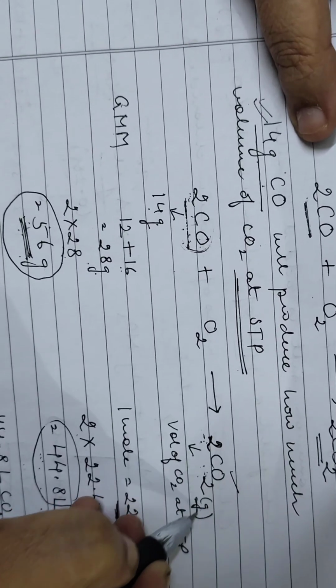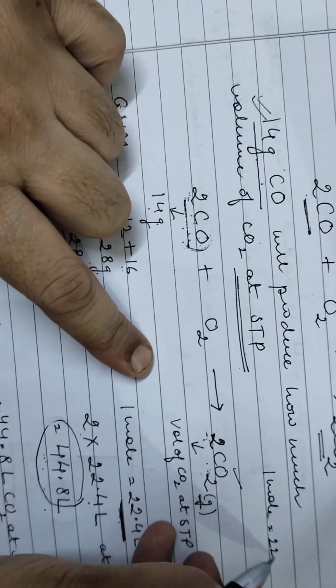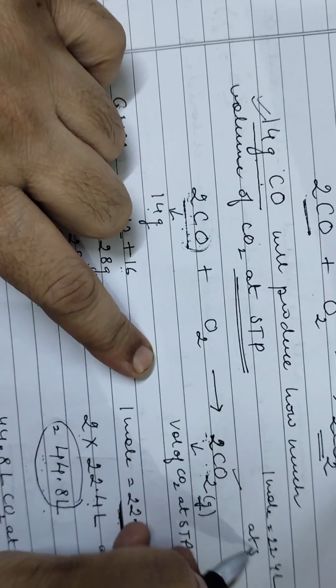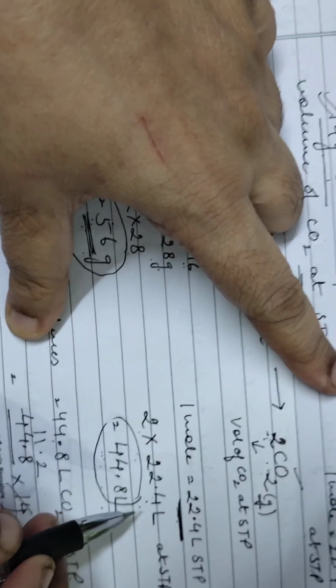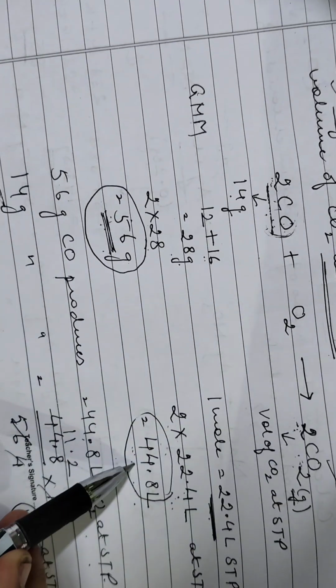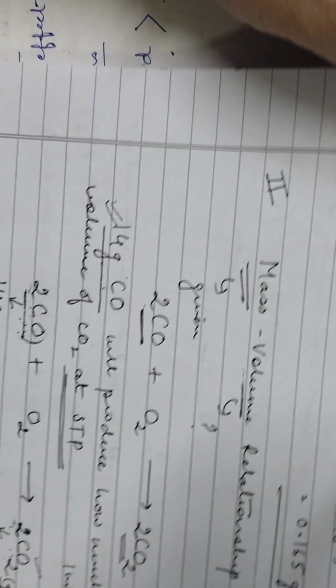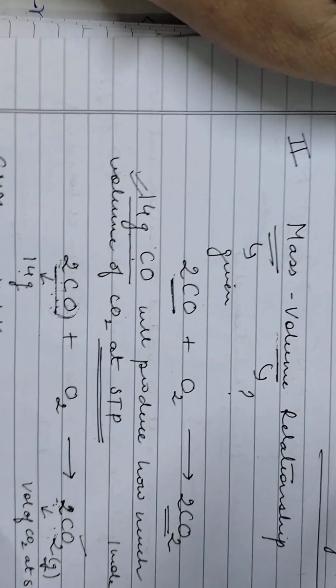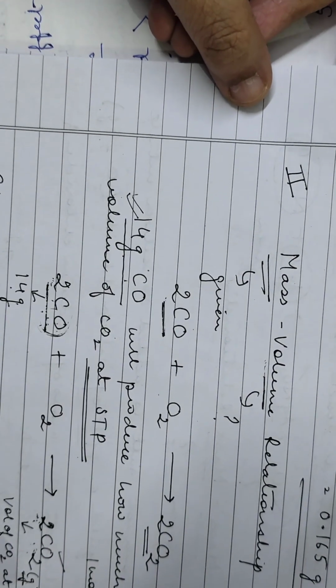If this is a gas, then 1 mole has the volume 22.4 liter at STP. So 2 moles, 2 into 22.4 liter. 5 moles, 5 into 22.4 liter. This way you will calculate the volume and apply the unitary method to calculate the answer. So these 2 types of questions are given in this calculation based on chemical equations.